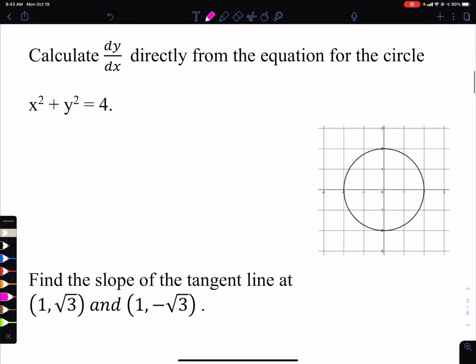Here's my example. Calculate dy/dx directly from the equation for the circle x squared plus y squared equals 4. The first thing I want to remind you: y equals plus or minus the square root of 4 minus x squared. That's what it would look like if we were to solve for y.